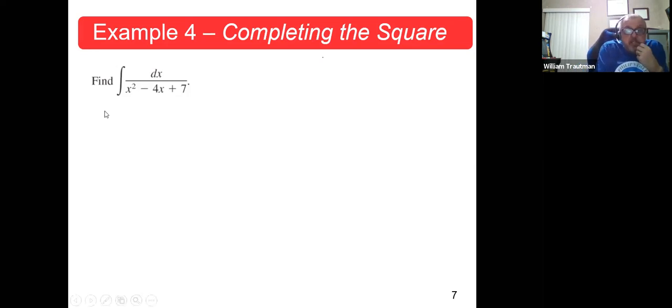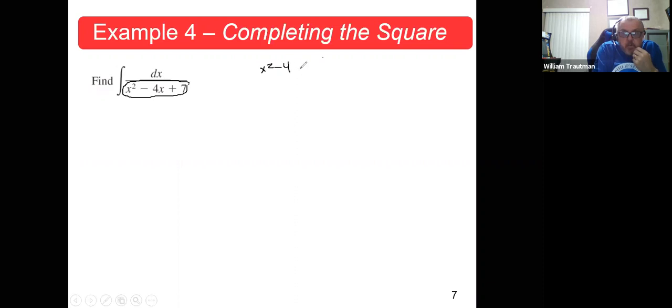So I'm going to complete the square on this. We're just looking at the bottom part right now. I'm going to complete the square over here, x squared minus 4x, and there's this plus 7. I'm going to put this plus 7 over here.